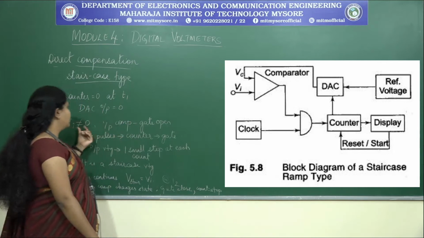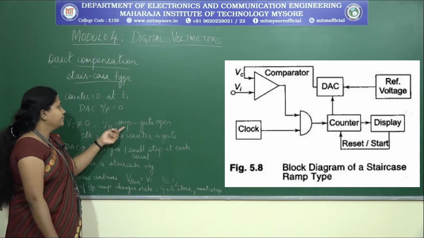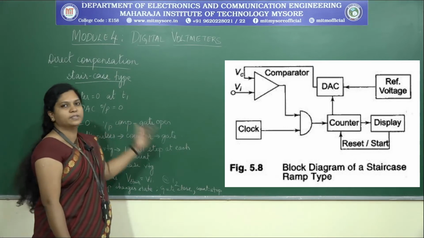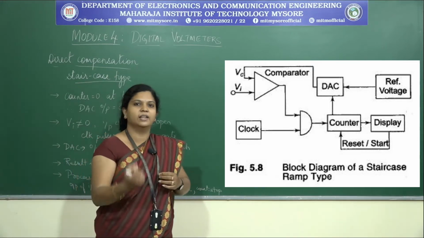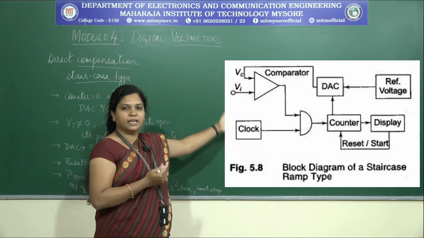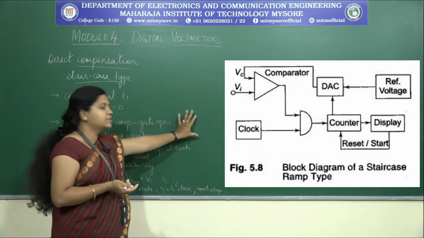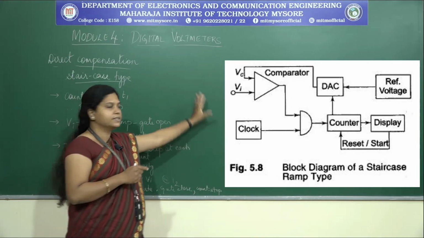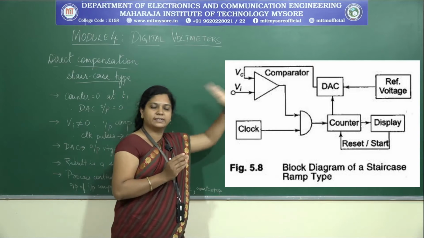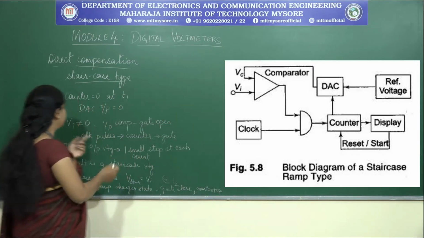If we apply some value higher than 0, then the input comparator opens the gate, sending an output signal telling that there is a change of state which lets the gate be opened. Once the gate is opened, what happens? The clock generating the pulses will be allowed to pass the pulses through the gate to the counter. That is the next process.